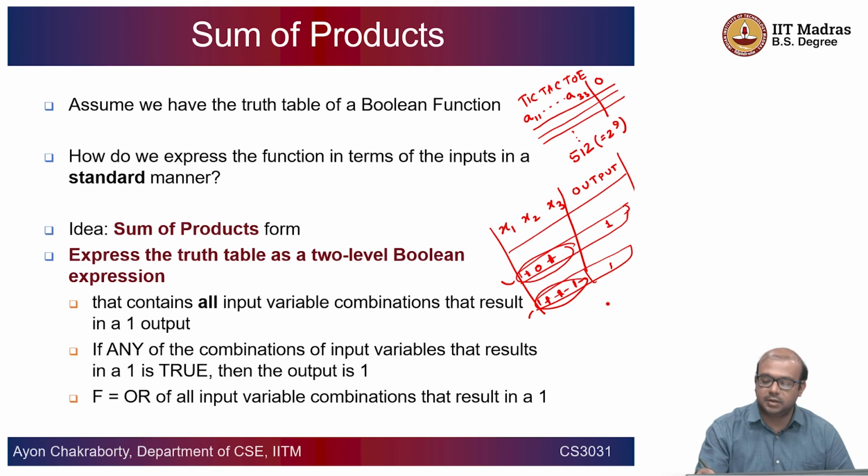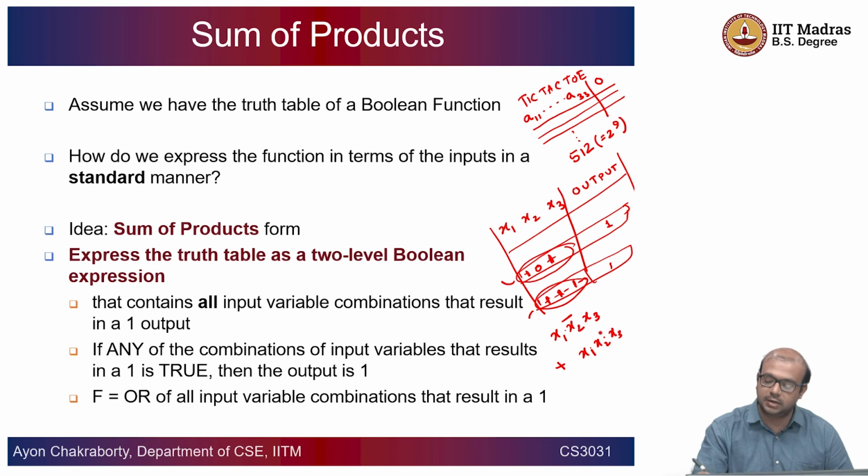So if you think of this particular case, the first one is basically x1 and x2 bar, x2 complement, and x3, right? So this is one input combination which makes the output equal to 1, or this is another input combination which is x1, x2, x3.